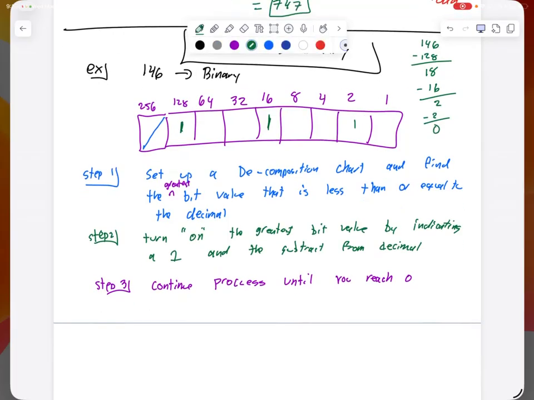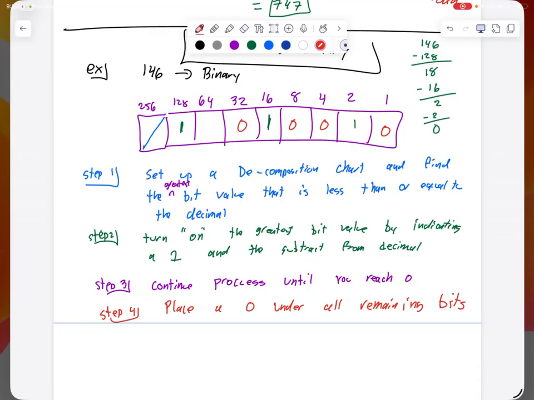Step 4. I missed step 4 here. Step 4: Place a 0 under all remaining bits. All right, so 0, 0, 0, 0.